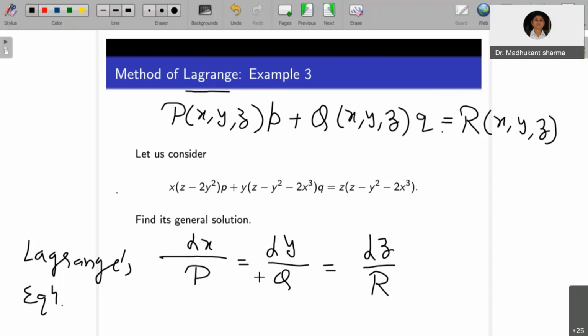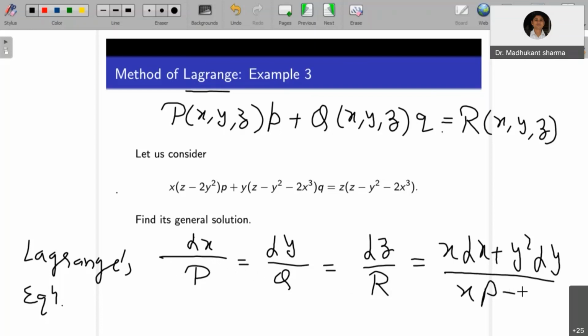Further, not only that, you can also choose a linear combination of them. You can also choose x dx plus, let's say, y square dy, and that ratio is equal to x times P plus y square Q. So such type of families of solutions, two families of solutions are necessary.